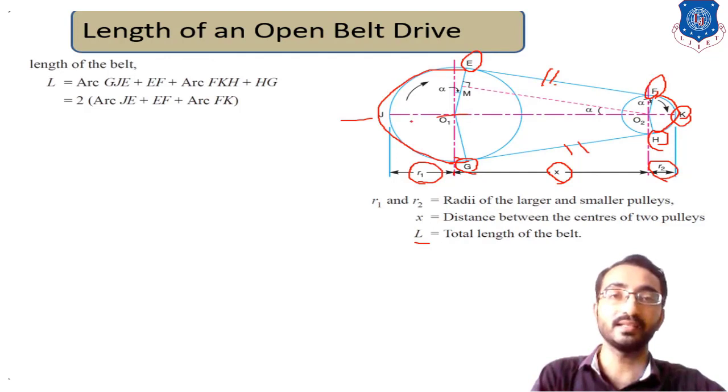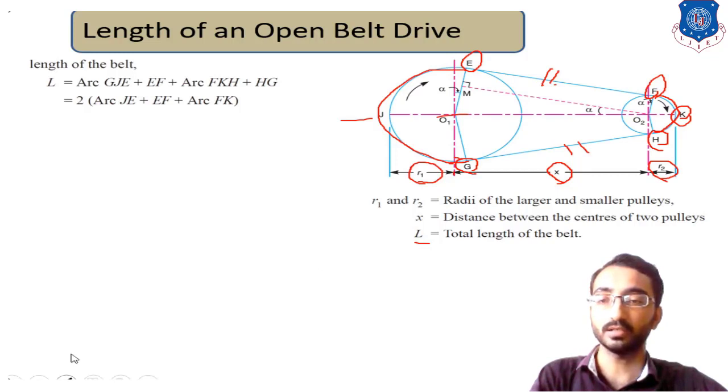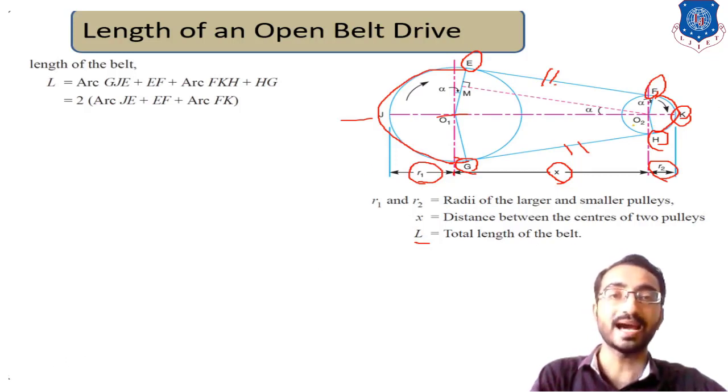So the arc GJ is equal in amount to the upper half JE, so GJE is 2 times JE. Similarly, the line EF is equal to GH, so we can replace them with 2 times EF.